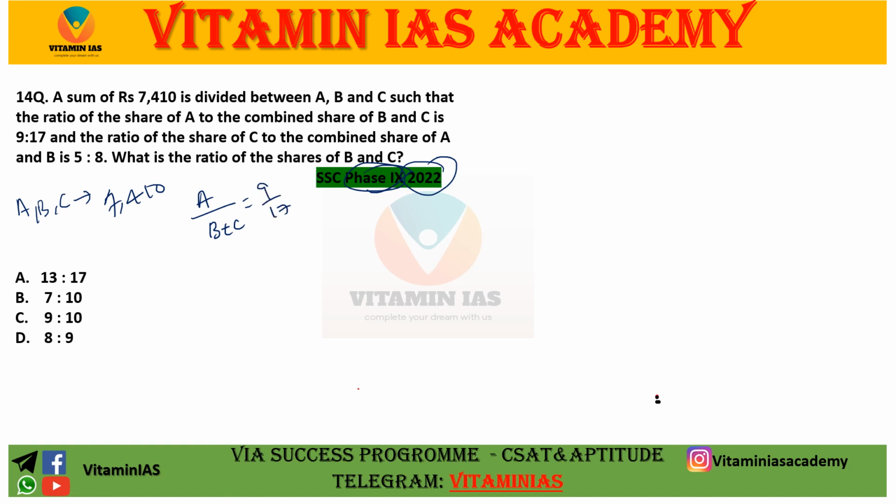And the ratio of share of C to the combined share of A and B, means C by A plus B, is 5 by 18. And what is the ratio of B is to C? He is asking that. It is a tricky question, but we already told in the model: addition of ratios.